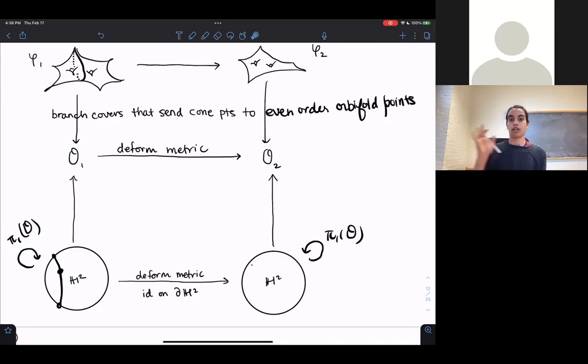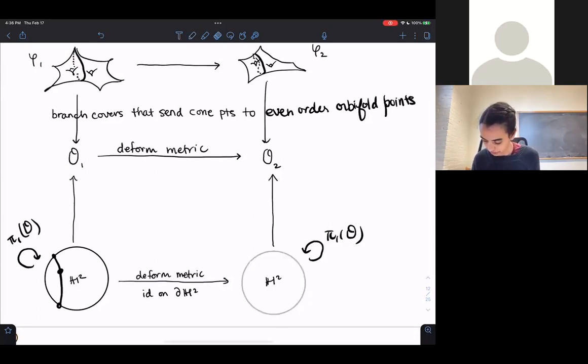So what does that mean on this half of the picture? Suppose that the corresponding geodesic here missed all the cone points. I don't know where it went, but suppose it missed all the cone points here.